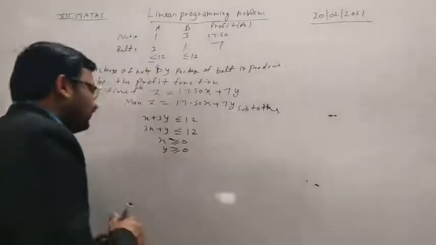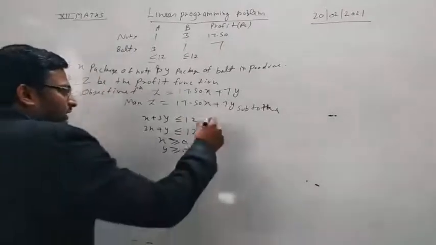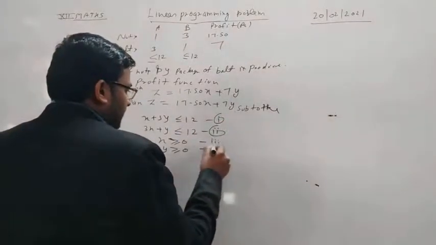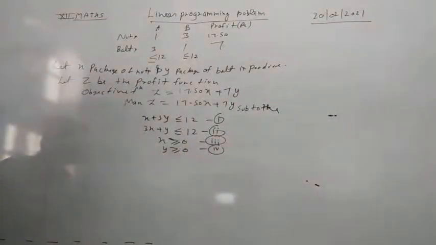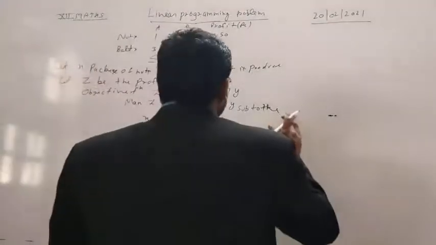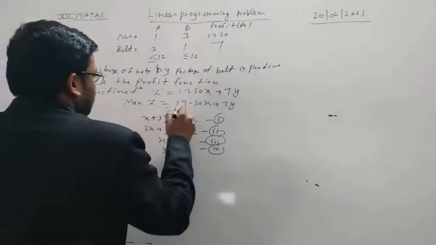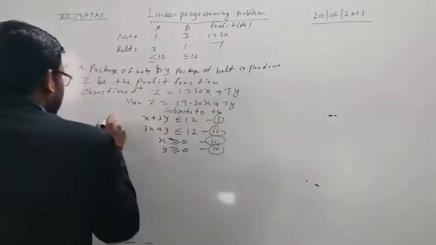Now, with the help of these four constraints, we draw the graph and find the corner points.